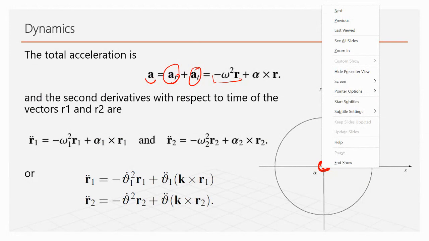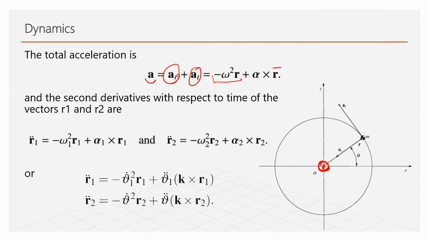If you have acceleration counterclockwise, it's out. If you have acceleration clockwise, it goes in. This is cross multiplication of r and alpha, two vectors. I hope you remember cross multiplication of vectors. I'll just write it down once for you to remember.